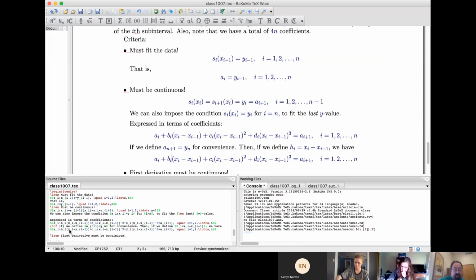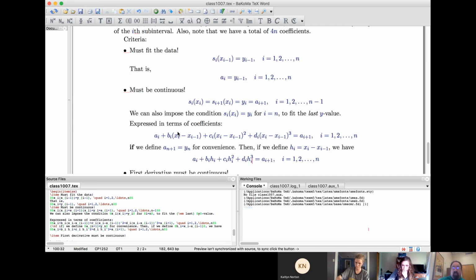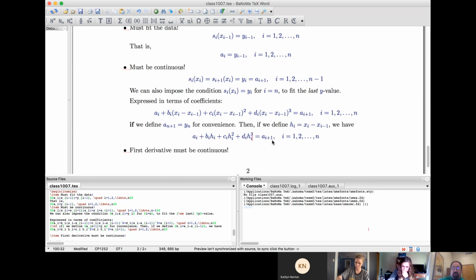So anywhere where we see xi minus xi minus 1, that could just be hi. All right, so this is the condition that we're going with to ensure continuity and also fitting the data at the last point.